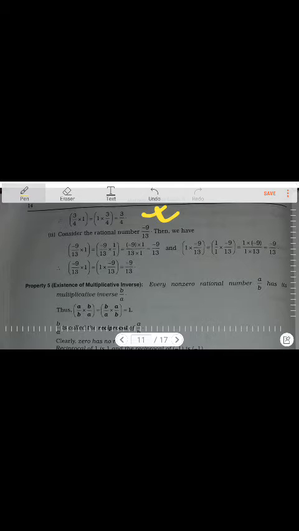See, the second question: consider the rational number minus 9 by 13. Minus 9 by 13 is equal to minus 9 by 13 into 1 by 1, that is minus 9 into 1 is minus 9 and 13 into 1 is 13.